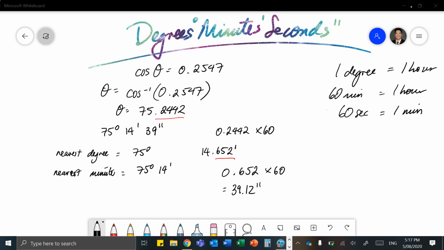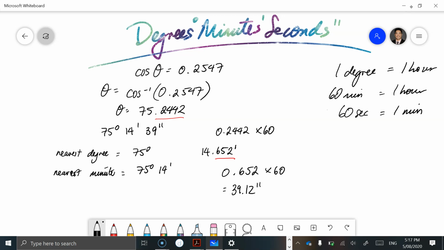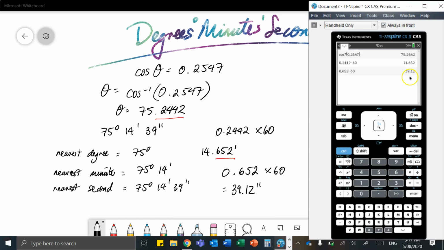If we're looking at the nearest second, we've got 0.12, and obviously that's less than 0.5, so we just round it down. So the nearest second is just what we have: 75 degrees, 14 minutes, and 39 seconds. Now, if this decimal was, say, 39.64, then you would round it off to 40 seconds.